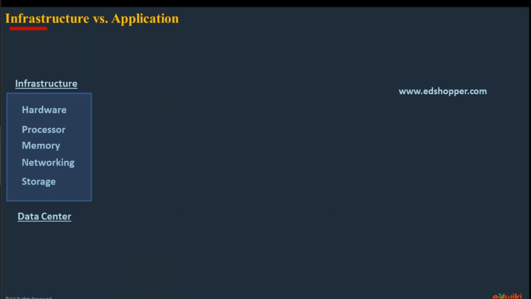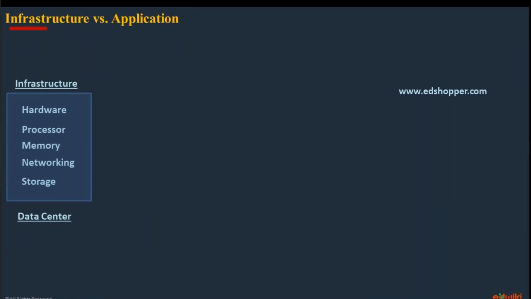So whenever I have multiple systems or multiple computers used to make this kind of website or web app accessible, where do I keep all of them, right? All these infrastructure components are put together in a single building space, in racks, connected through proper cables, which is called a data center. So this is the second terminology that I'm introducing.